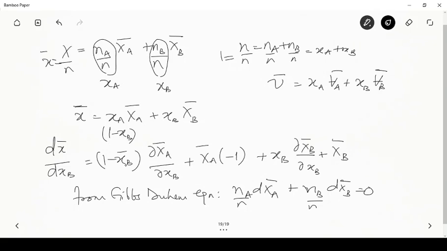So you get, this is Xa, right? 1 minus Xb is Xa. Xa into dXa bar plus Xb into dXb bar. So this term plus this term, according to this equation, is going to add up to 0. So this basically gives me Xb minus Xa.